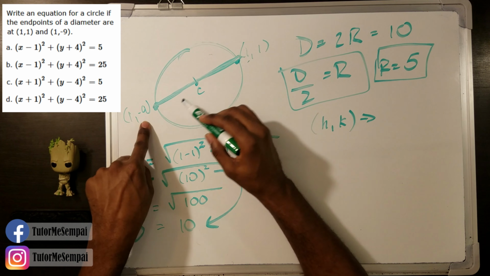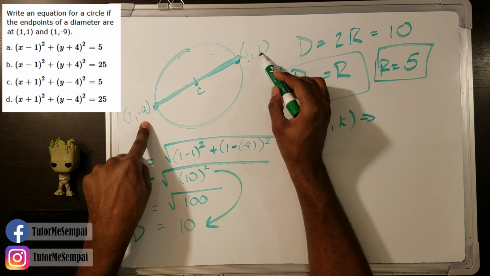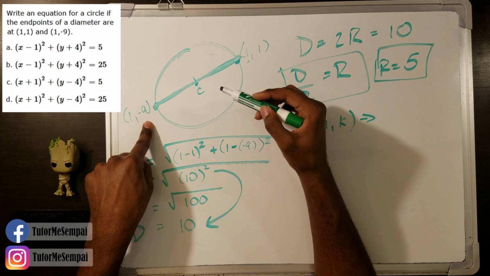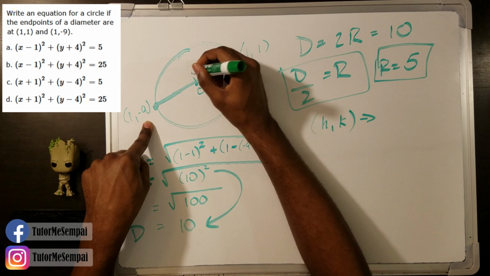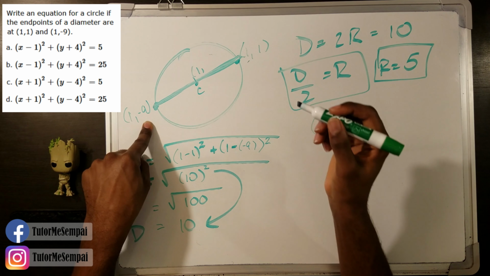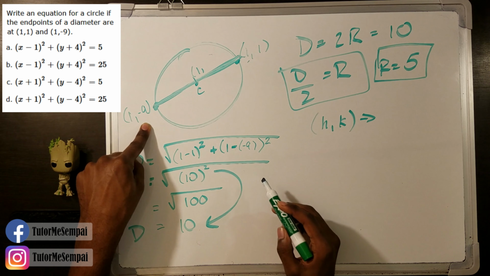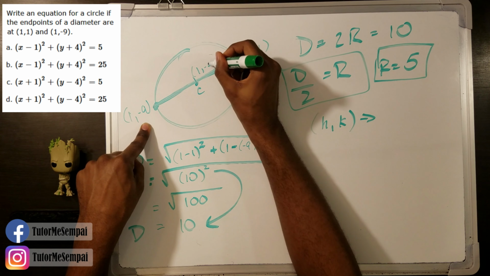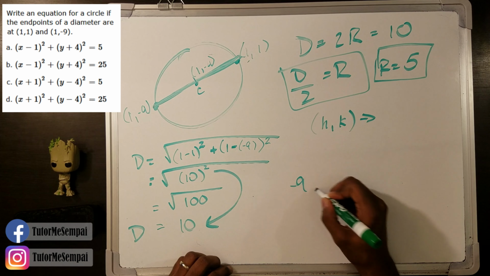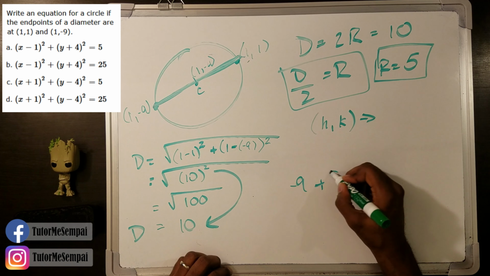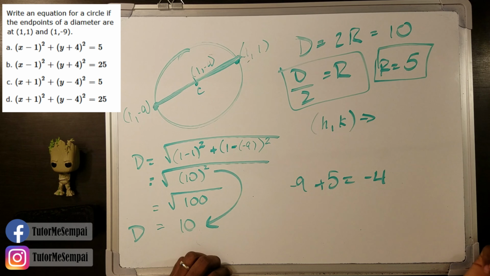So that means instead of going a distance of 10 to get from negative 9 to 1, we can go a distance of 5. So this is going to be 1, and what's 5 up from here going towards 1? Well, that's going to be negative 4, right? If you start at negative 9 and you add 5, you're going to get a negative 4.